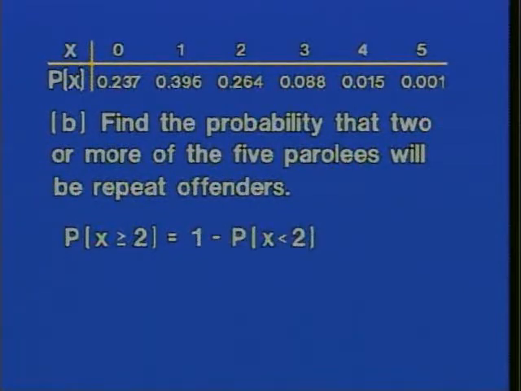The indirect approach is to calculate 1 minus the probability that x is less than 2. And we can do this because we know that the sum of all probabilities is equal to 1. Now the probability that x is less than 2 is equal to the probability that x equals 1 plus the probability that x equals 0.